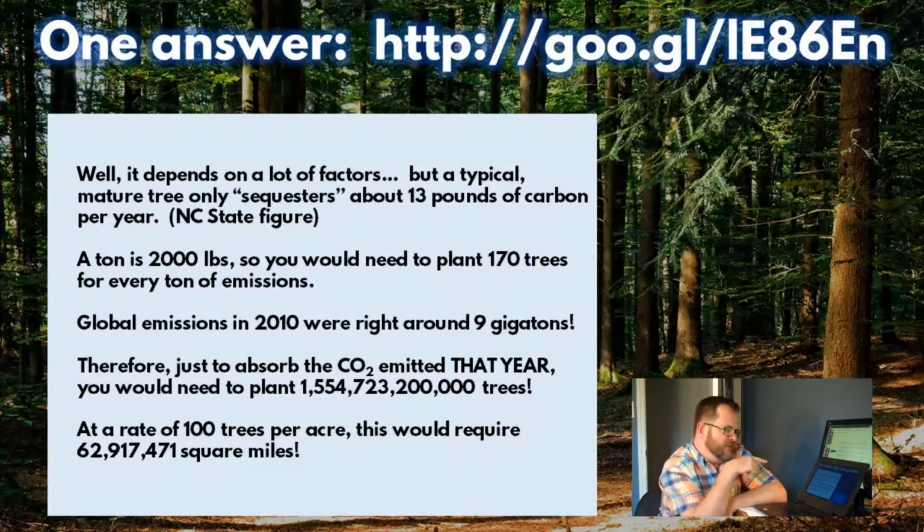So if you do the math here, just to absorb this year's carbon dioxide, you would need to plant 1.5 trillion trees. That's a lot of trees. Just to compensate this year's carbon dioxide emissions from anthropogenic sources.